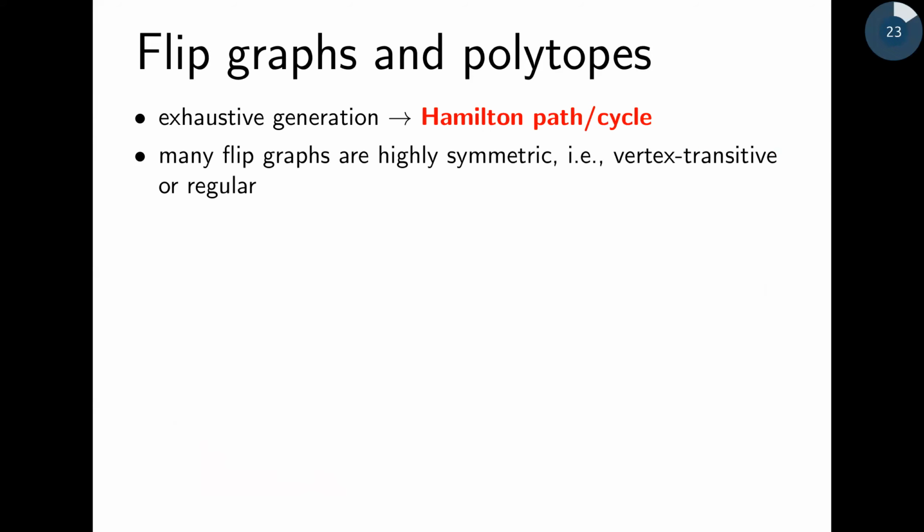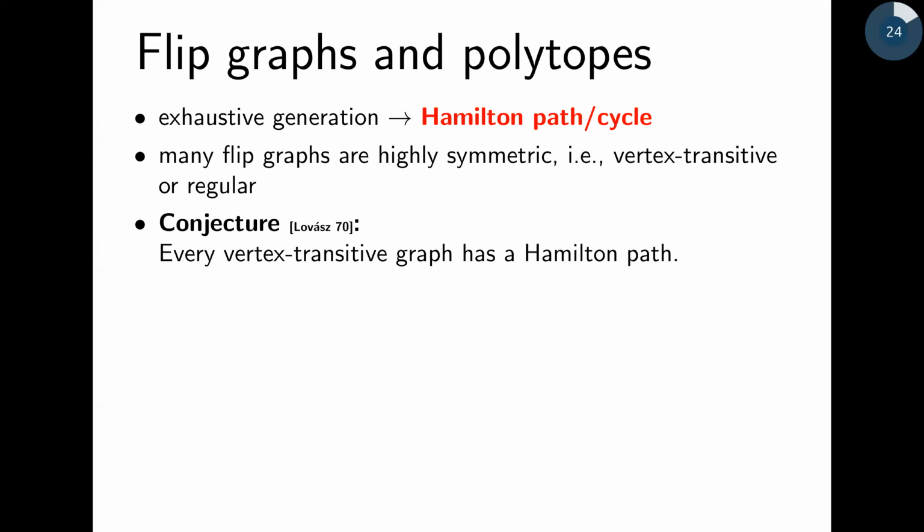Moreover, these flip graphs not only have a lot of structure, but often they are highly symmetric. In some cases, even vertex transitive or regular graphs. For example, the permutahedron is vertex transitive. The hypercube is vertex transitive. The associahedron is only regular. It's not vertex transitive. So you get nice graphs.